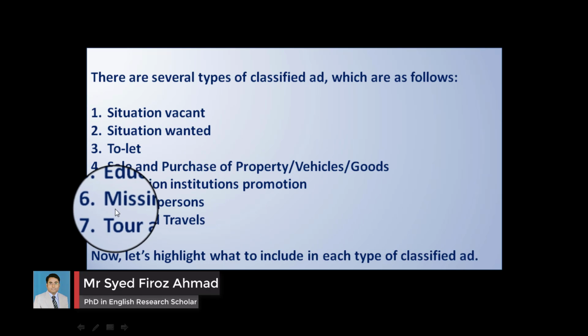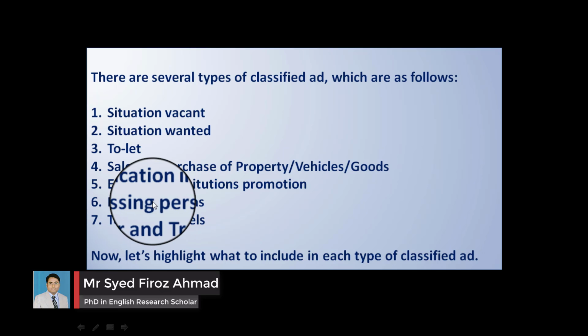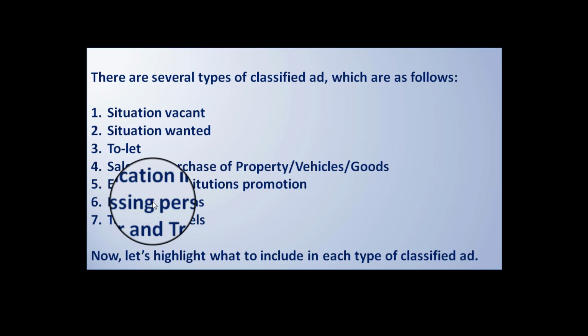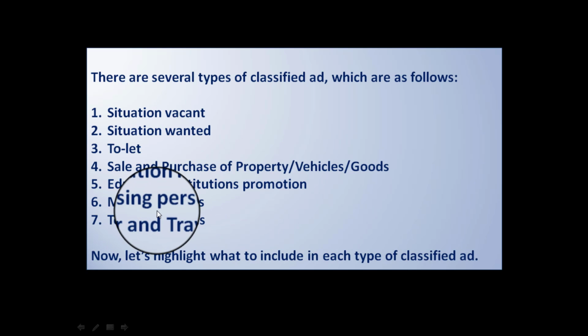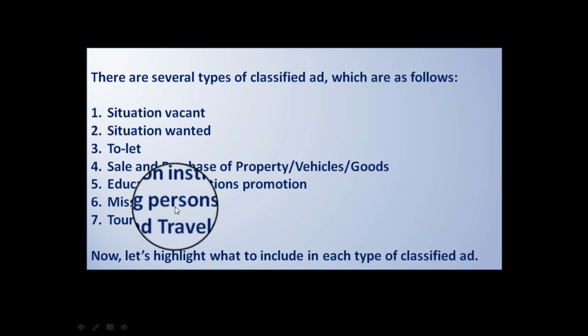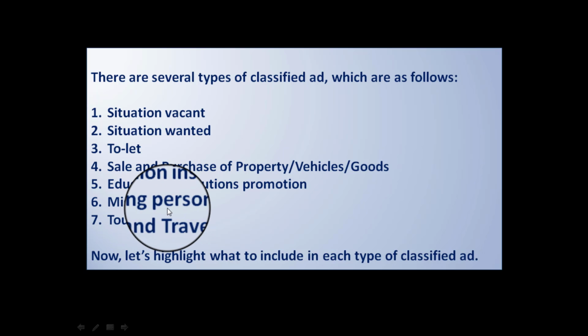And sometimes we advertise in this section about a missing person. Suppose your very old father or mother is lost or missing, or your child or any of your friends is missing. You advertise in the newspaper giving different parameters, or important points which help to find the person.